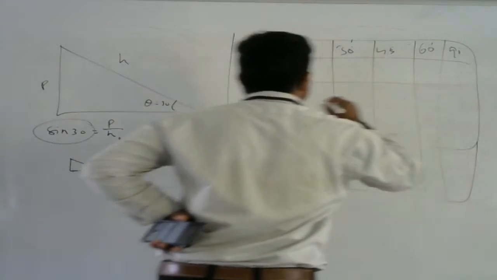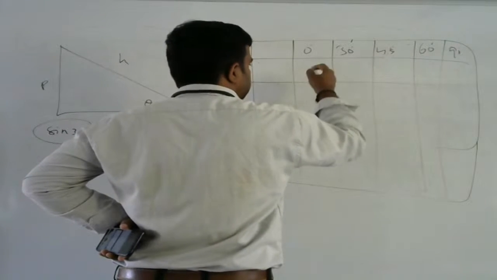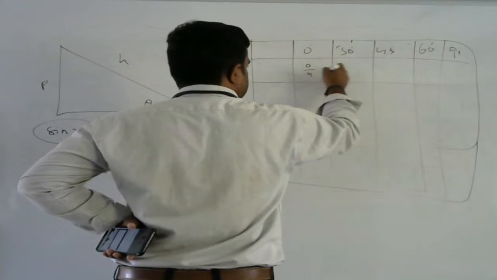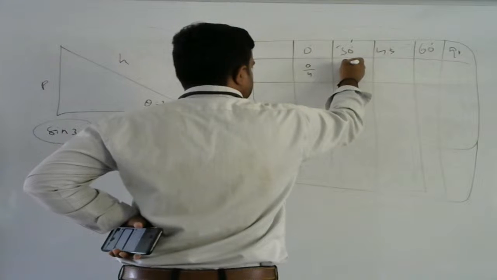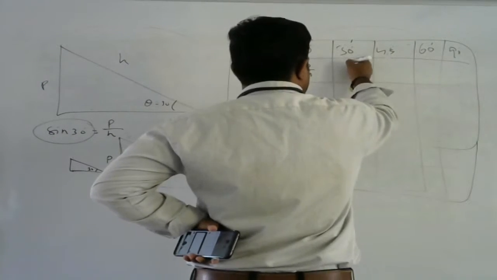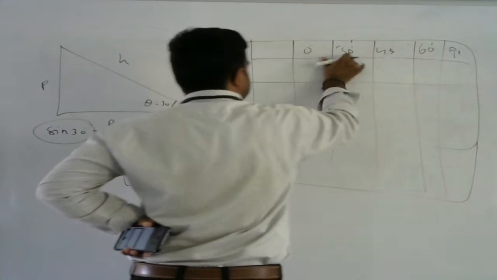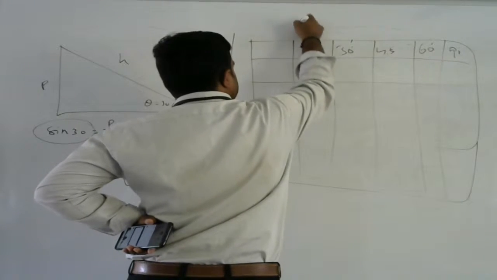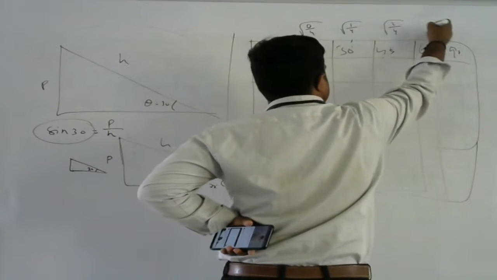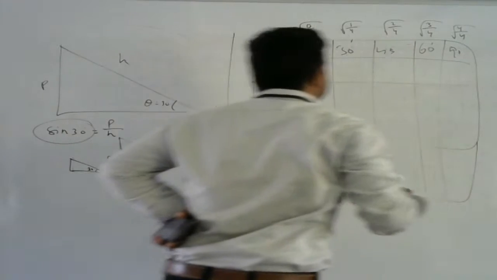So you can remember this trick: 0 by 4 root over, 1 by 4 root over, 2 by 4 root over, 3 by 4 root over, 4 by 4 root over for sine theta.